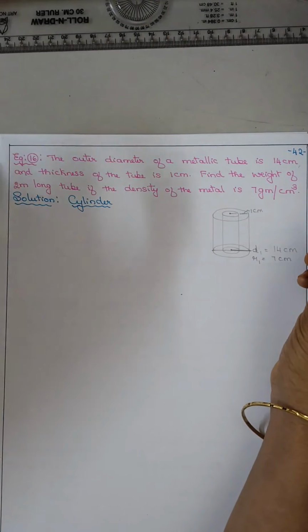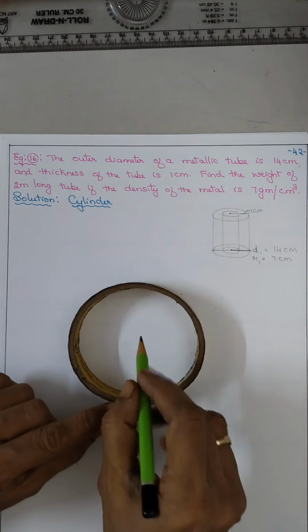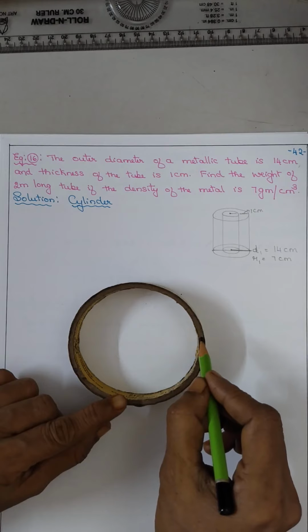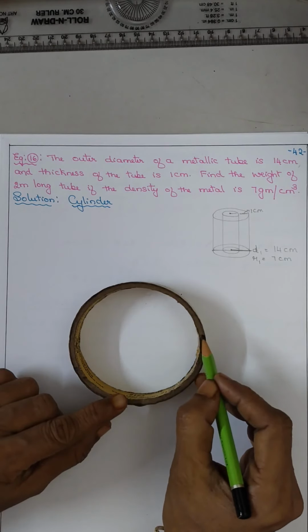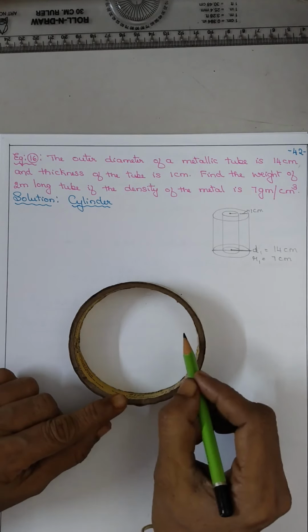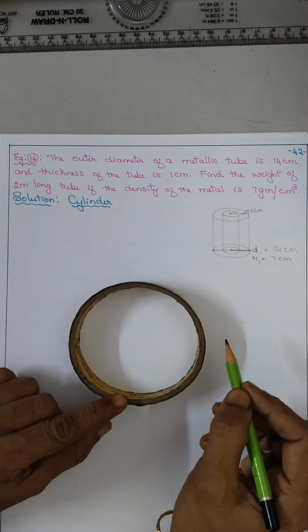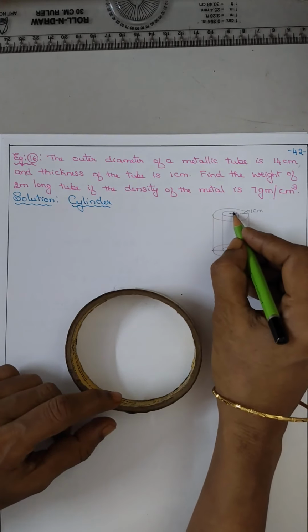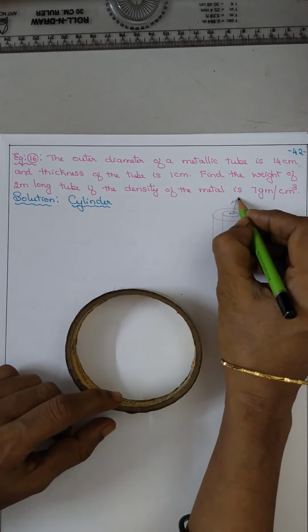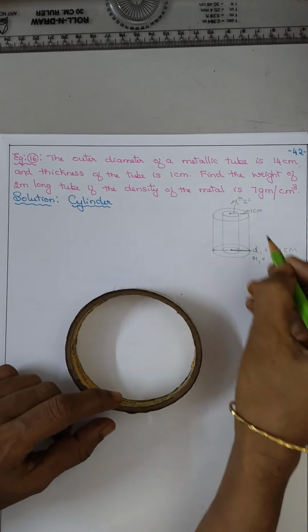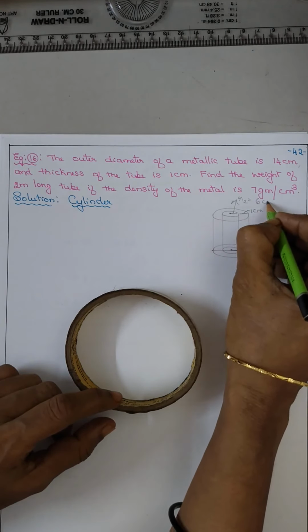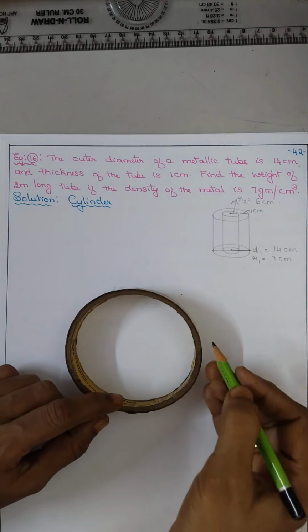So देखो, the outer radius is 7, the thickness is 1, so the inner radius will be minus 1, isn't it? So the inner radius R2 will be 7 minus 1. समझ में आ गए?